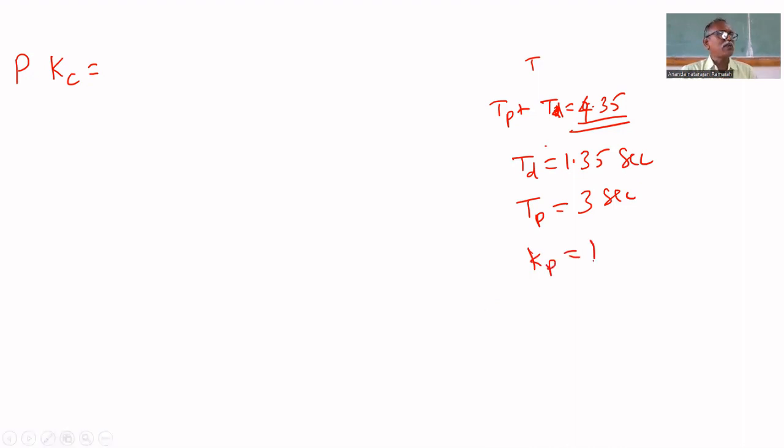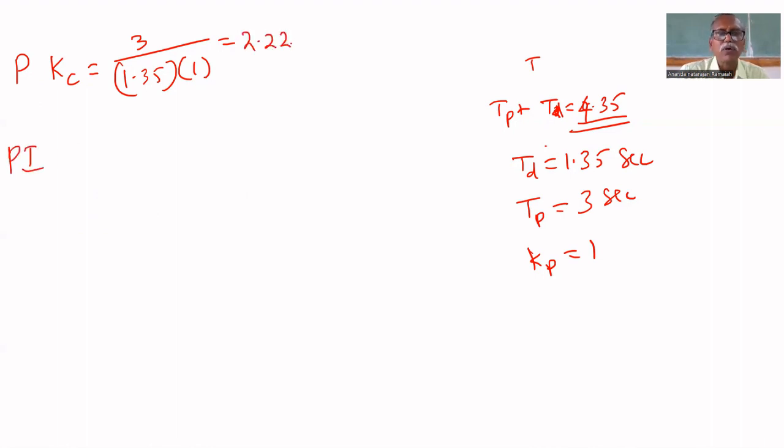So now we can find the tuning parameters. Kc equal to Tp divided by Td, 3 divided by 1.35, multiplied by Kp equal to 1. How much? This is for P only controller: 2.22. Okay.